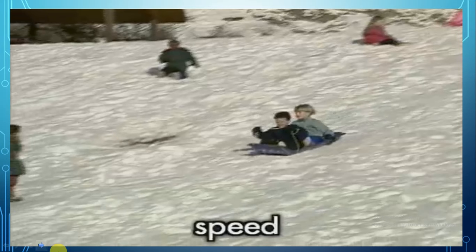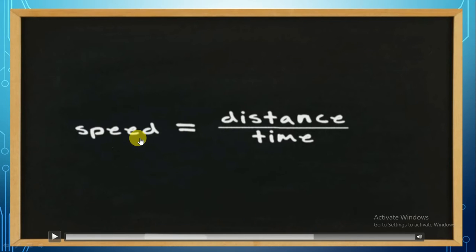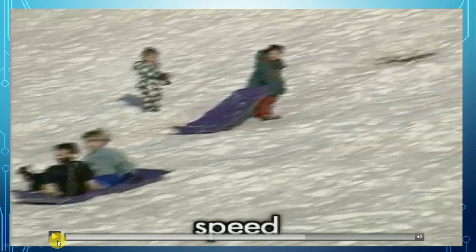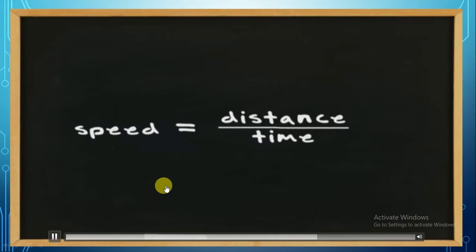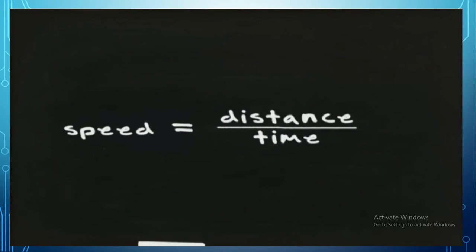So if we need to find out the speed, what can we do? We need to know two things: distance and time. Again, distance and time. Let's complete. To find the speed of an object, divide the distance traveled by the time it took to change positions.